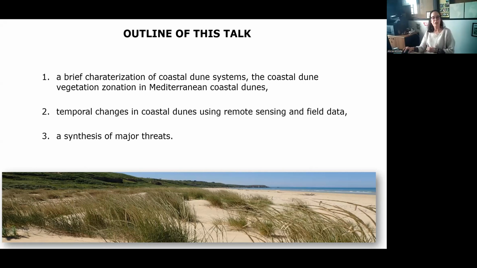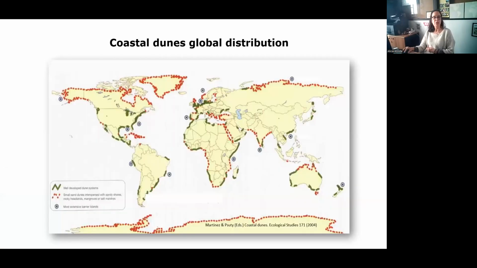Then I will talk about what we already know about temporal changes in coastal dunes, using both remote sensing and field data. And finally, we'll move to major threats with focus on alien species. I should say that most of this presentation is mainly based on our previous works.